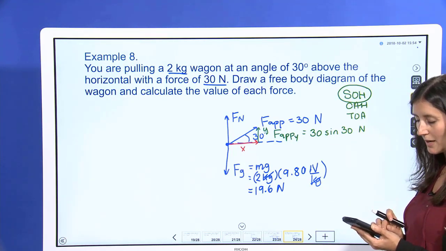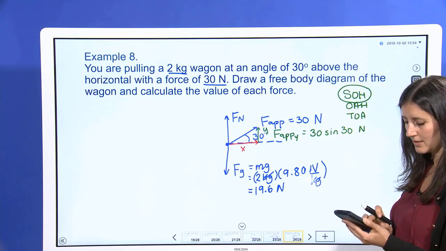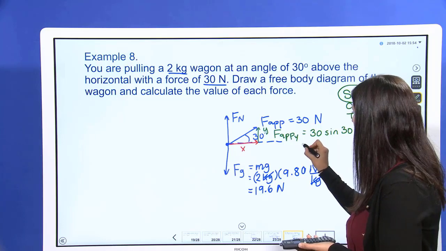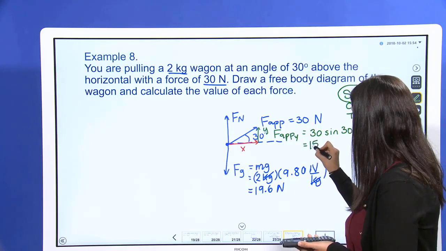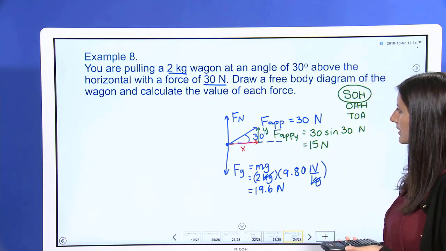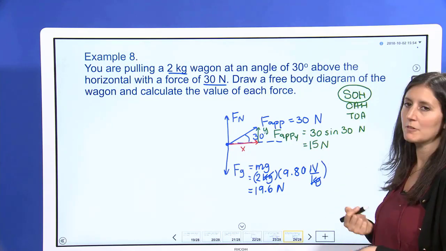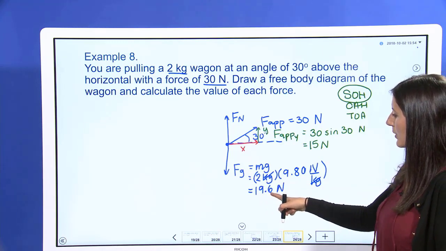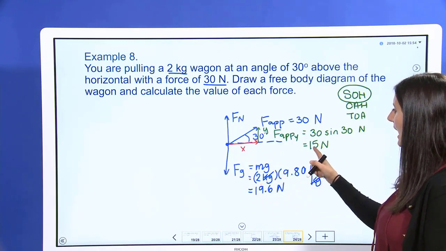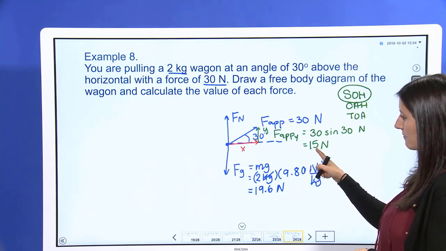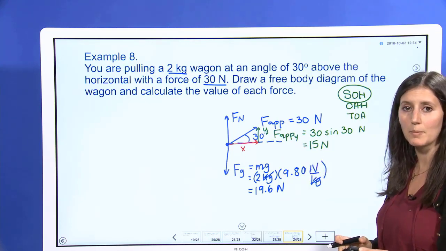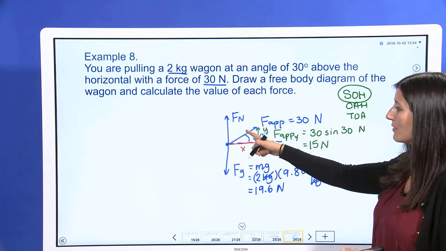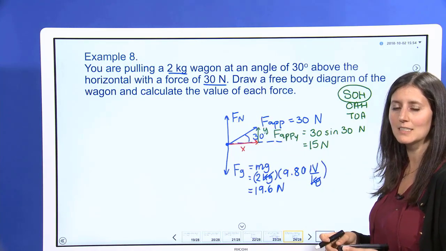On my calculator I'm going to type 30 sine 30 and I get 15. So my F applied in the y direction is 15 newtons. All right, so now I'm going to find my normal force. I know my force of gravity is 19.6 pointing down. I know that the y component of my F applied is 15 newtons pointing up. So what does my normal force need to be so that all of the forces in the y direction cancel out?